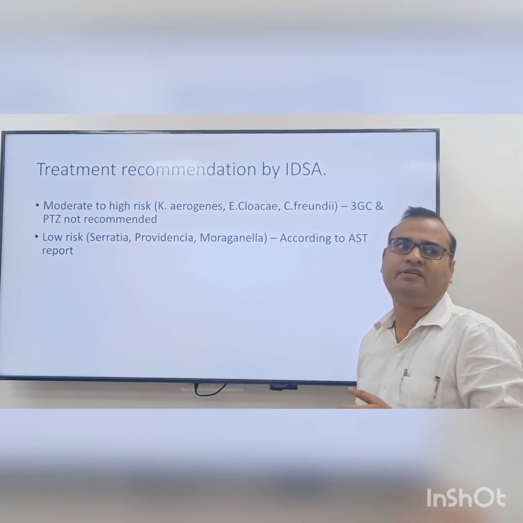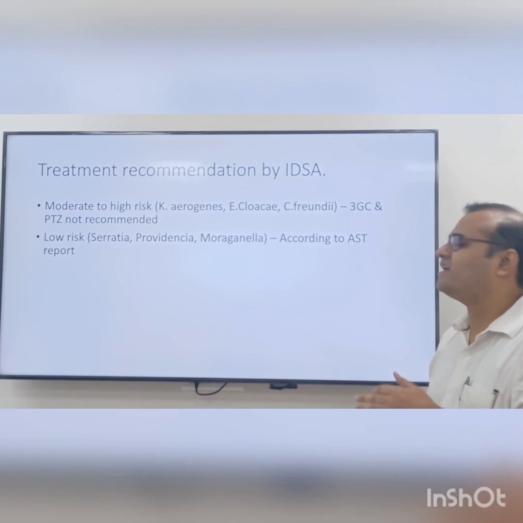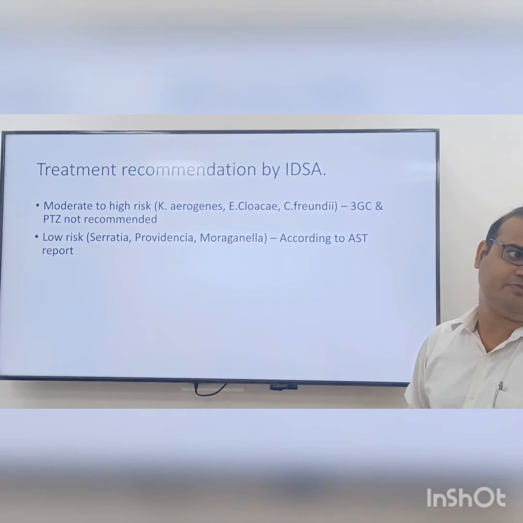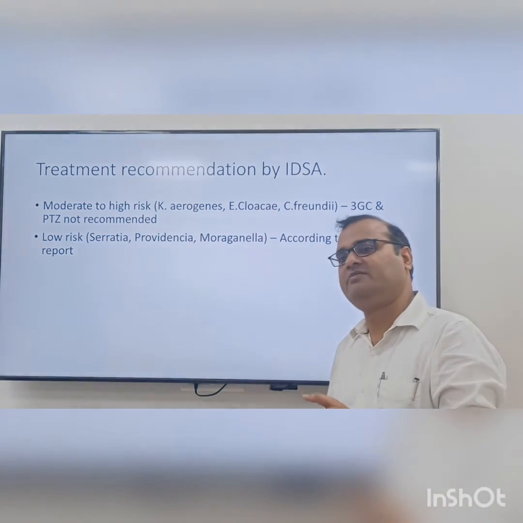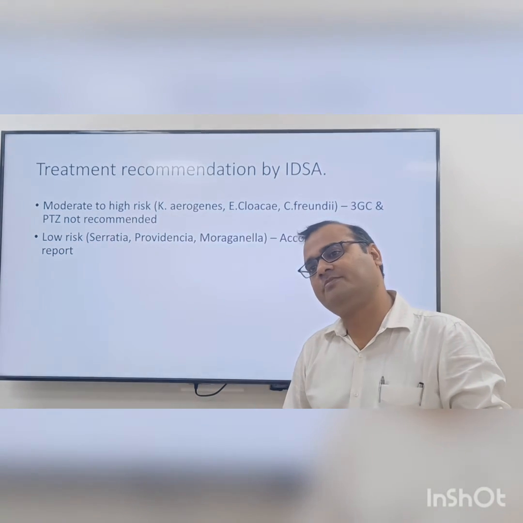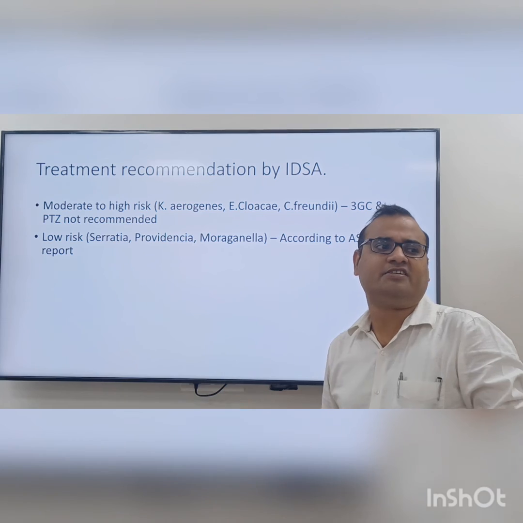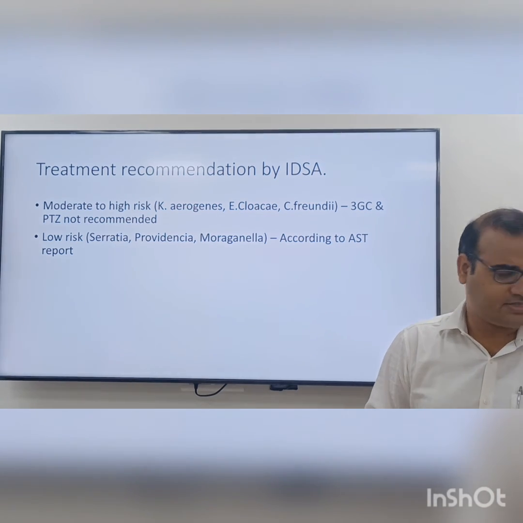In case of low risk organisms like Serratia, Providencia, or Morganella, we can treat according to the AST report. If it is susceptible, we can go with third generation cephalosporin or piperacillin tazobactam, and if it is resistant, alternatives can be considered.